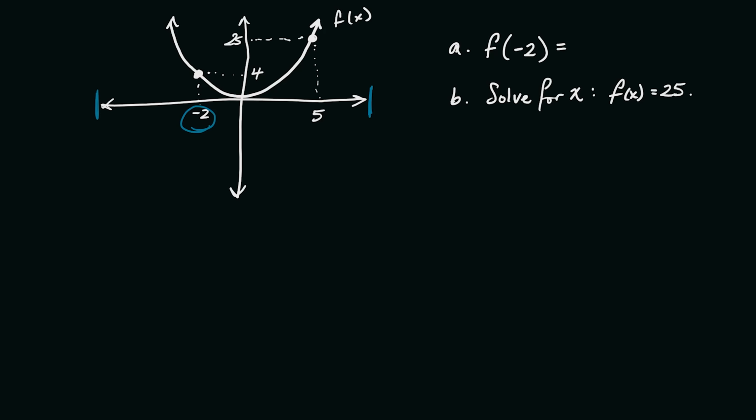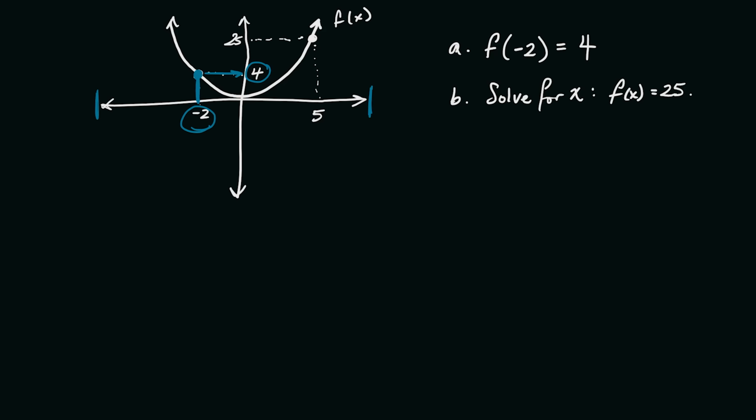So we're going to go up along this all the way to whatever point the graph leads to, and then look at the y value here. The y value is 4. So since the input is negative 2, the output has to be 4. So f of negative 2 equals 4.